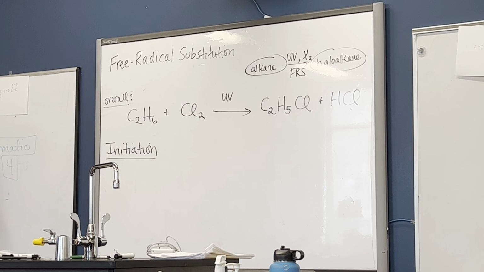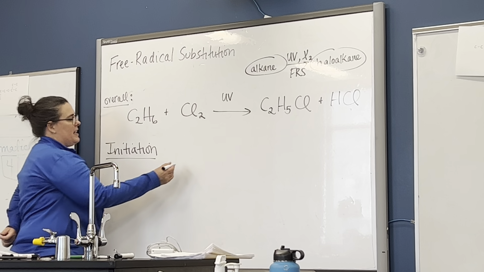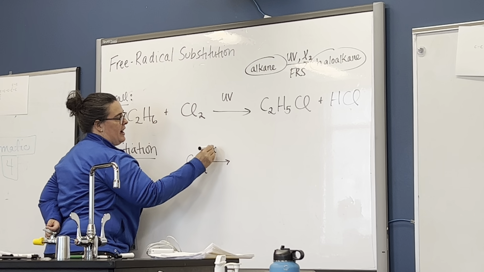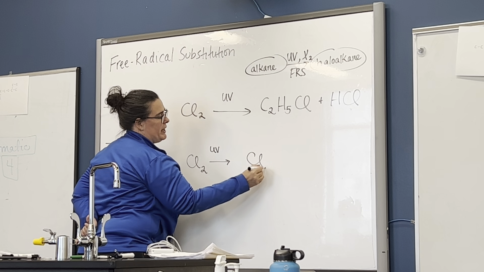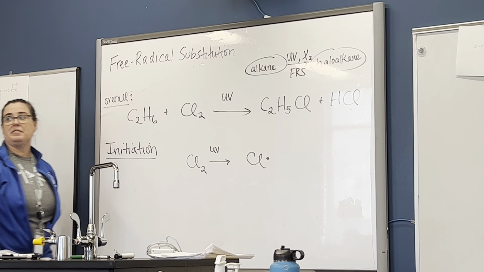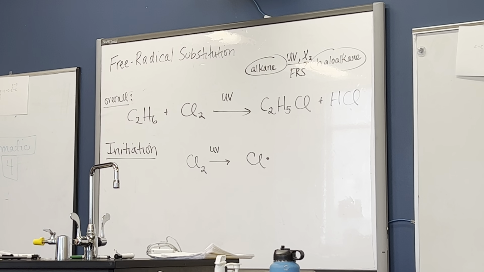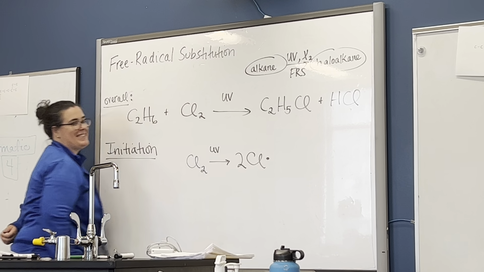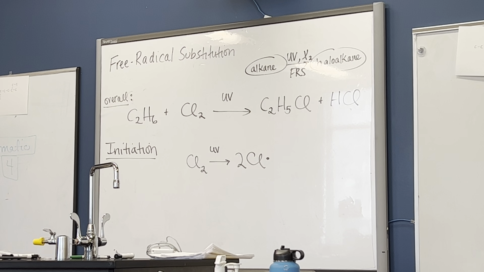In initiation, what is going to happen is that in the presence of relatively high energy ultraviolet light, I am going to break chlorine into free radicals. One way of conveying that idea is like that. One more time, if you don't write the UV light, you don't get the mark. On the left-hand side, I have chlorine, the molecule, and on the right-hand side, I balance equations for a living, I have two chlorines where I've shown you that they have an odd number of electrons.